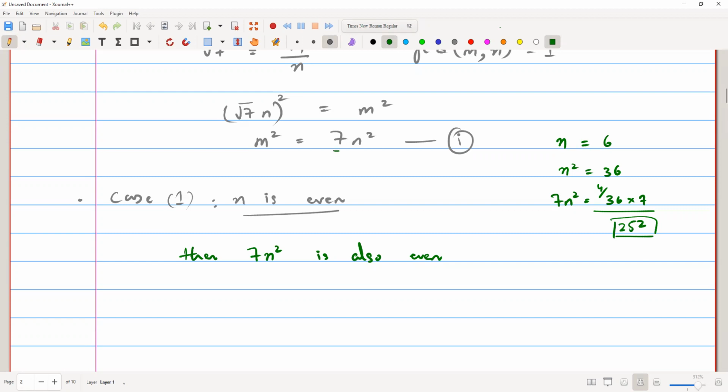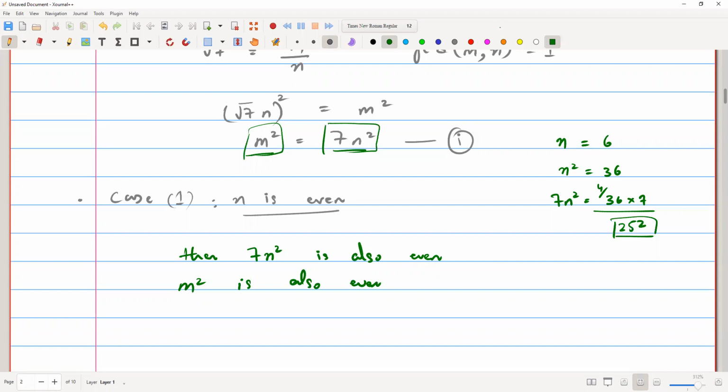And we can see that this 7n squared equals m squared, which means that if this number is even, then this number is also even. So we can say that m squared is also even.